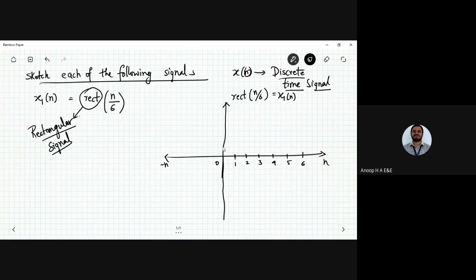Okay, so this one is generally having samples such as, if I give n is equal to 1, generally you will be having the samples that will be equal to 6. Okay, so you are going to have n plus 1 here, 7 sample, because you are going to have n plus 1 here, that is rectangular nature of n by 6. So you are going to have a magnitude equal to 1. Okay, so 1, that has been having a magnitude.